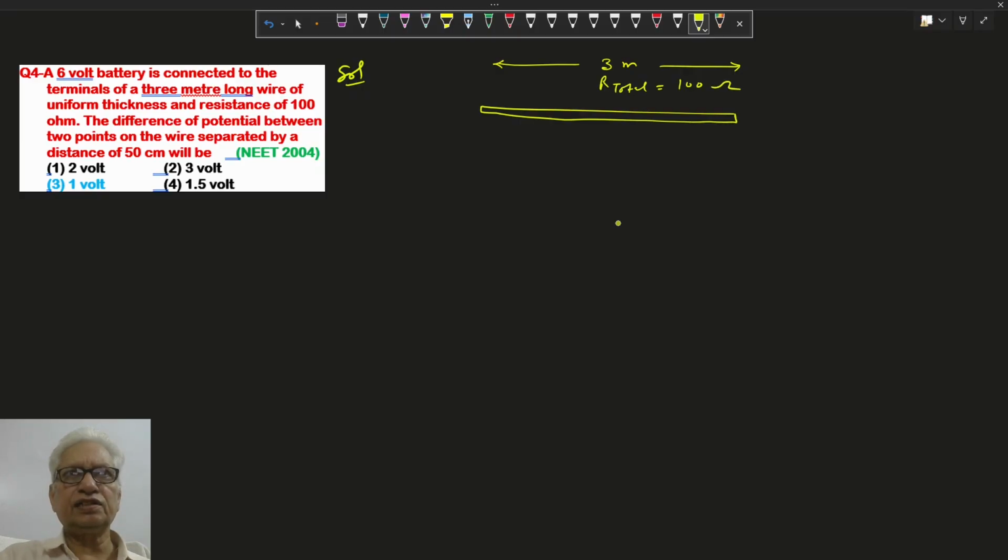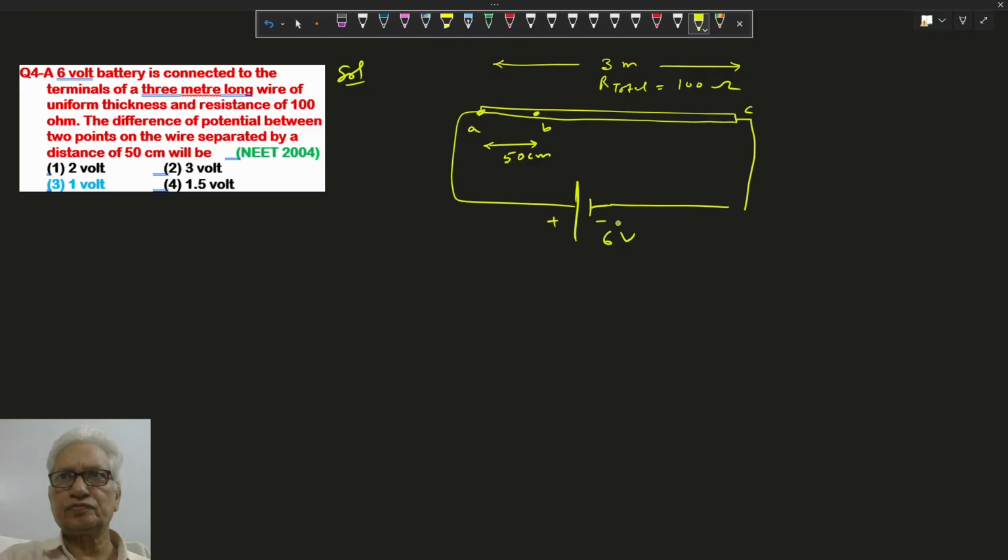We have to find the potential difference between points on the wire at a gap of 50 centimeter.